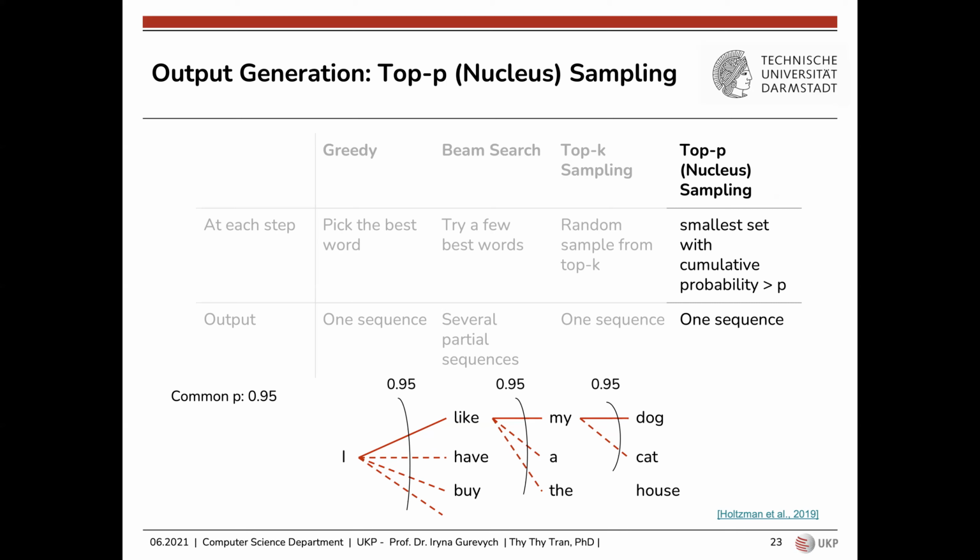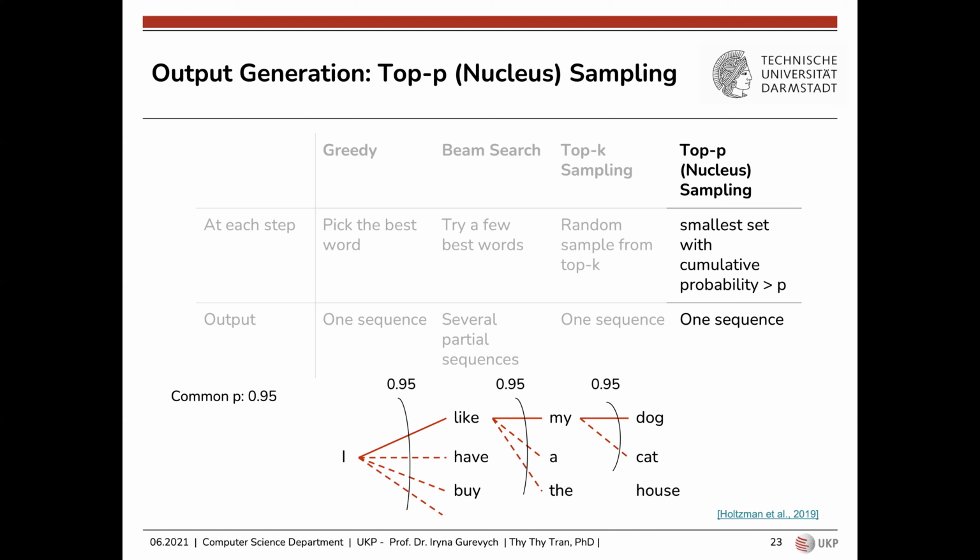We usually use 0.95 as the threshold. This way, the size of the set of tokens can dynamically increase or decrease according to the next word probability distribution.